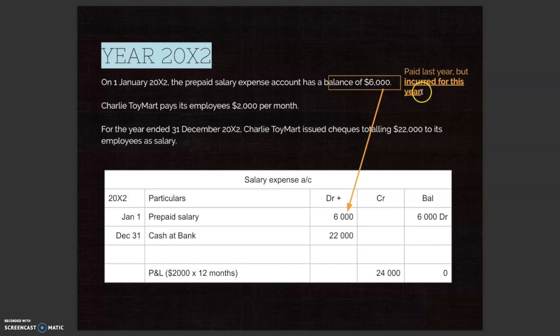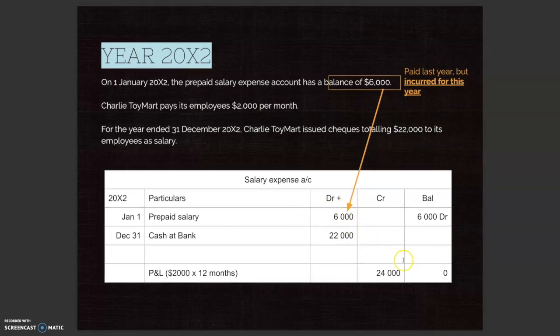It doesn't matter whether it was paid last year, this year, or next year. We are just going to find out how much we have used. So this $6,000, we are going to put as the opening entry. We will put it on the debit side, the plus side, because it belongs to this year. It was paid last year but incurred this year, so we put it on the plus side.